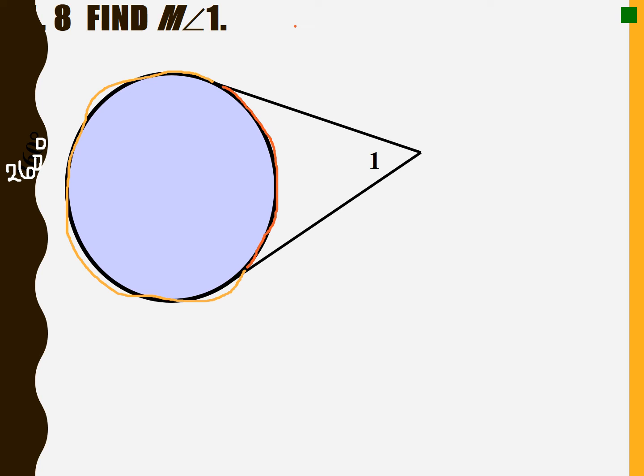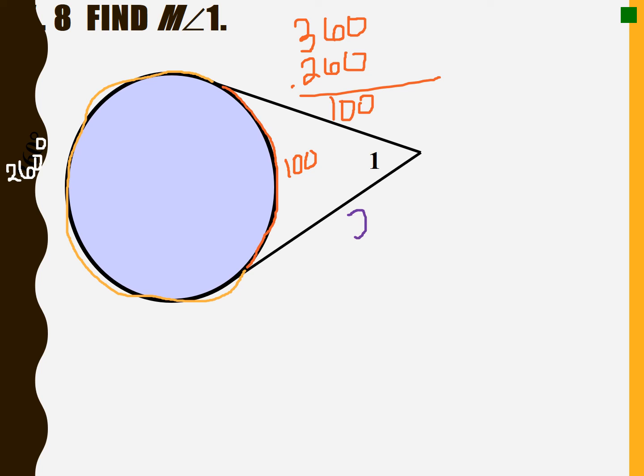However, together they equal 360, so we just take 360 minus 260, and we get 100. So our small arc is now 100, and we can now put this information into the formula to solve for the measure of angle 1.